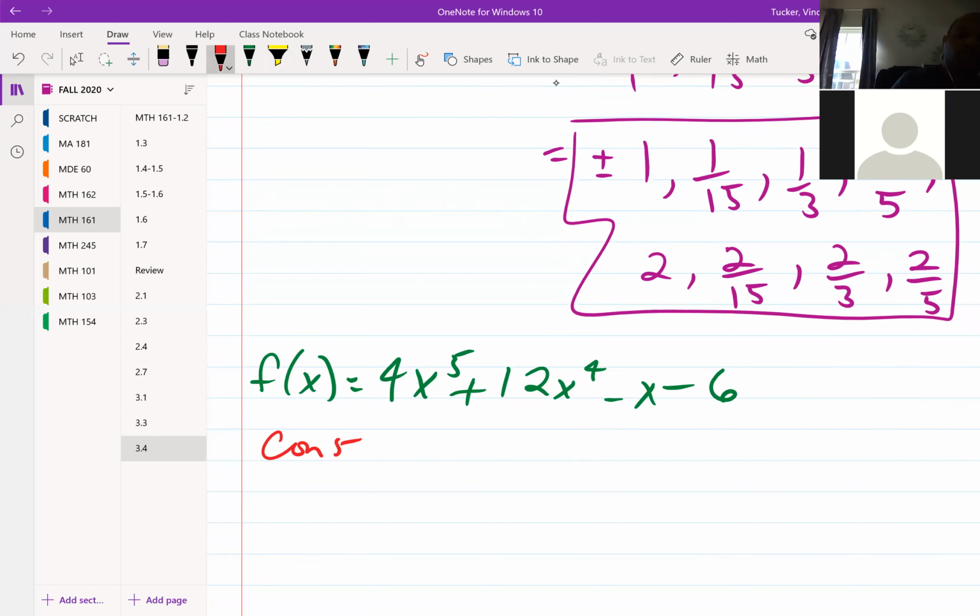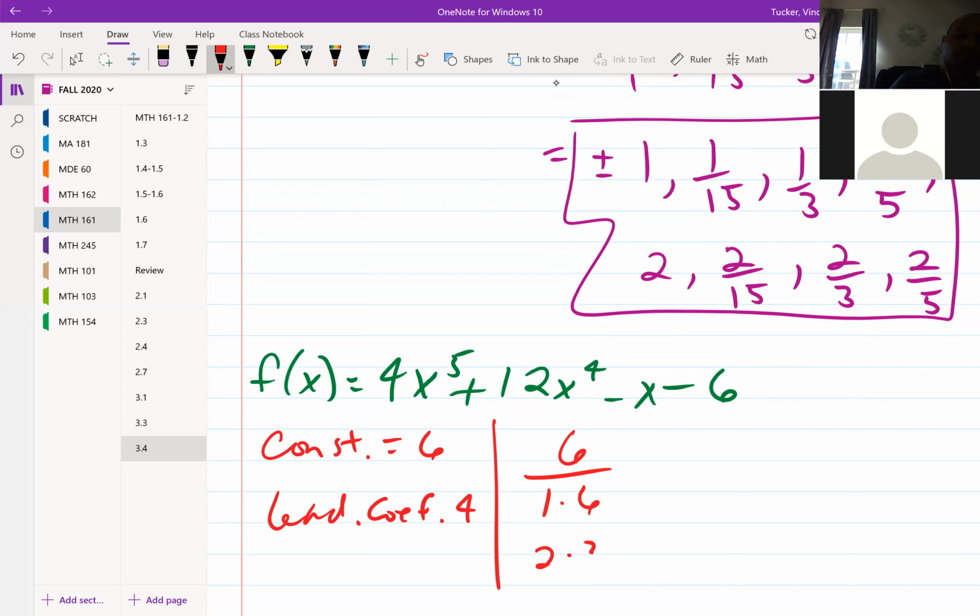Our constant is 6. Leading coefficient is 4.